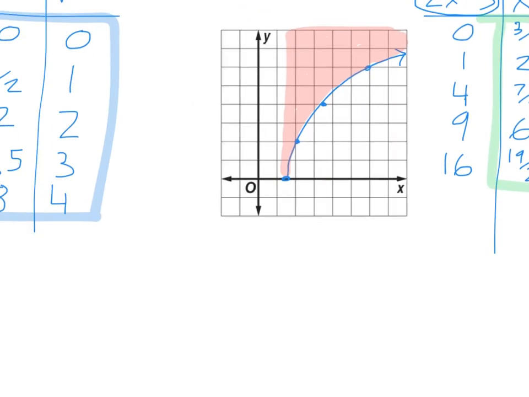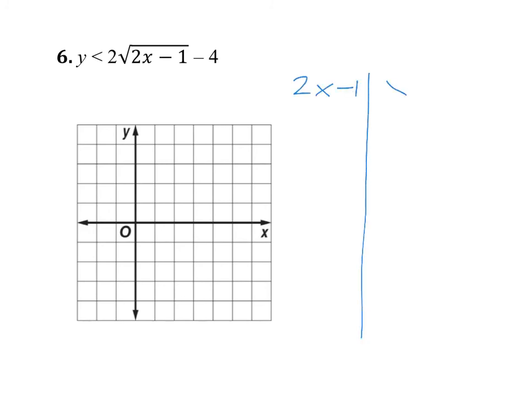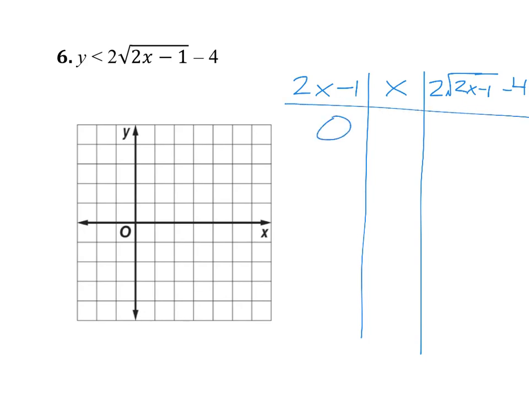Okay, one more. Make the table. Last column is just whatever y is. Want this to be a perfect square.